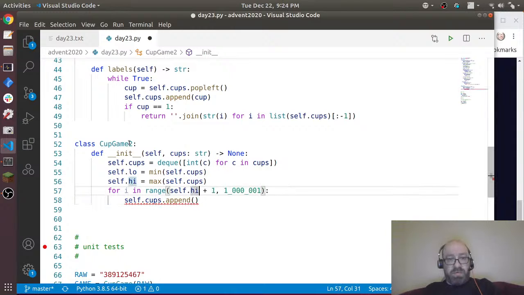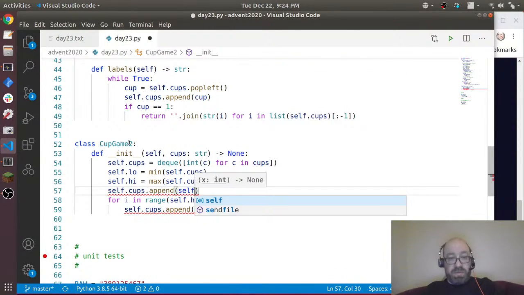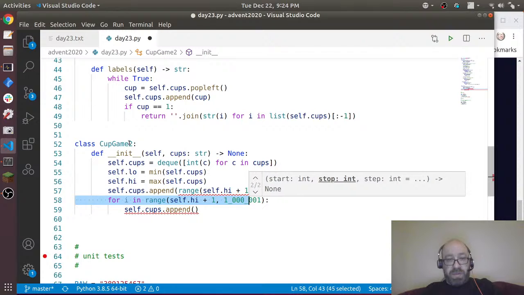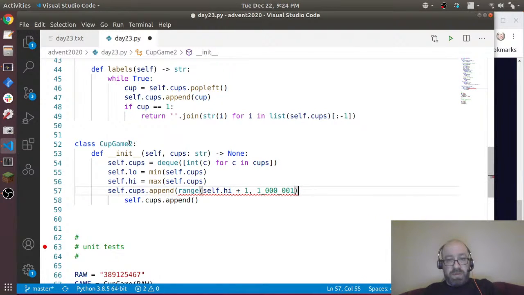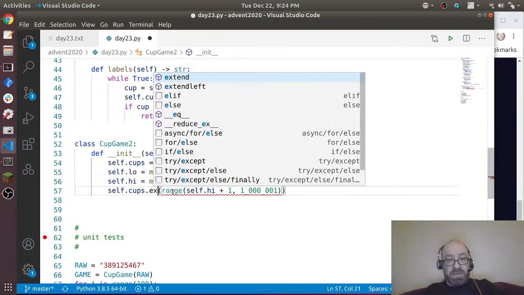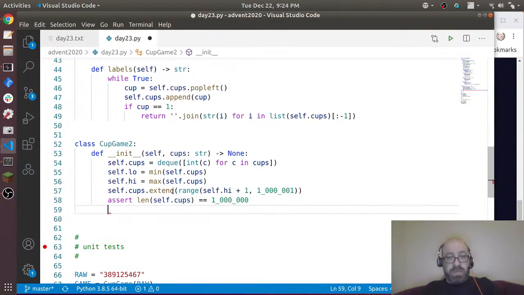Self.cups.append, or let's just do it this way, self.cups range self.high plus 1, and we don't want to append, we want to extend.